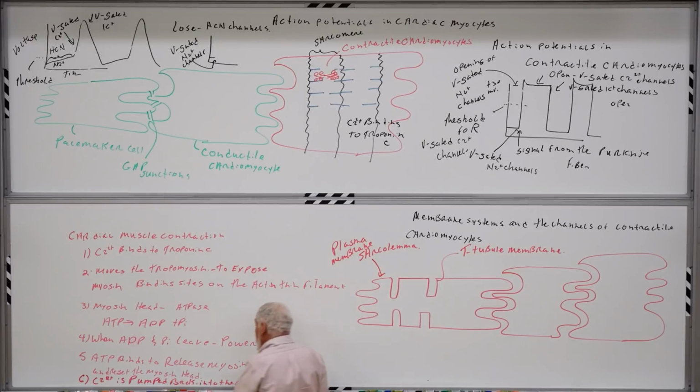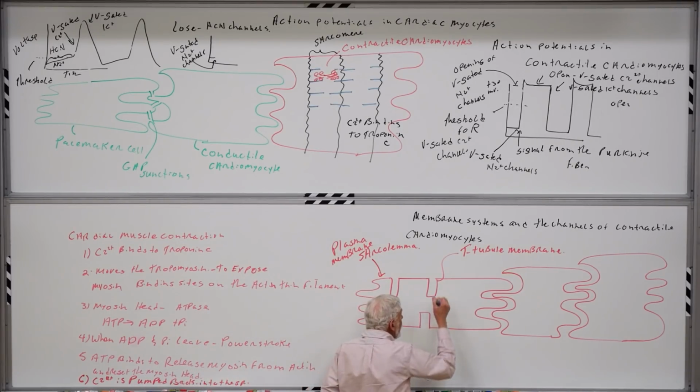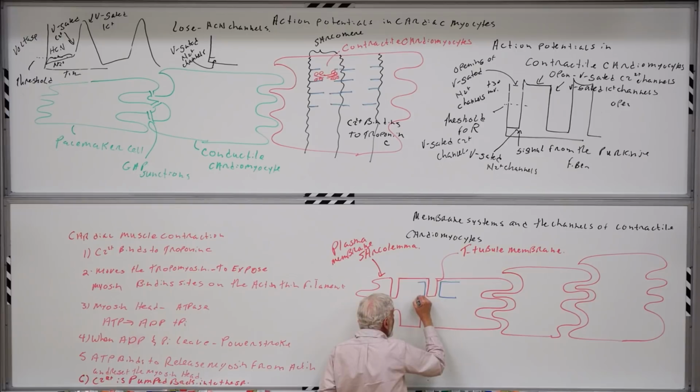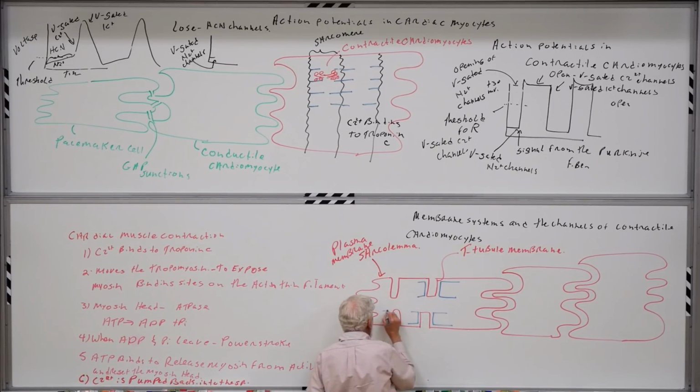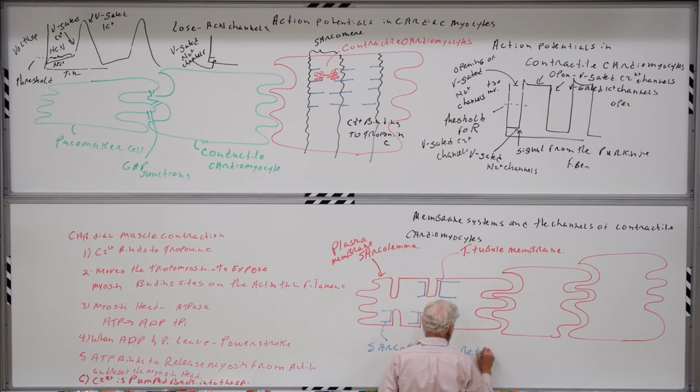The membranes of the T-tubule system would then approach, but never quite touch, the internal membrane system that we talked about being an elaboration of the endoplasmic reticulum, but in muscle having a particular name called the sarcoplasmic reticulum.